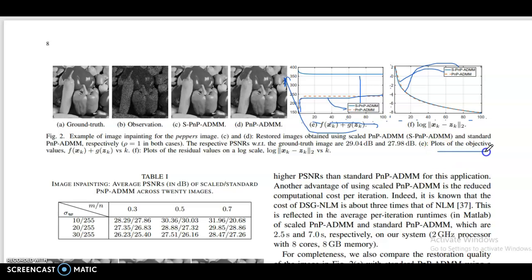These are plots of the residual values on a log scale, the norm of xk minus zk.